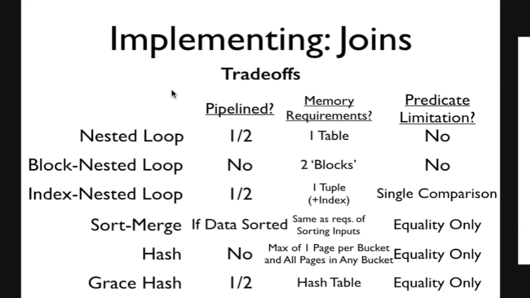You're producing every single tuple in the cross product and testing it one by one. Doesn't matter what test that is, you're going to be able to implement it. For index nested loop, it depends on what kind of predicate you are allowed to use, which depends on what kind of indexes you have built. If you have an index that can answer a specific predicate, like a tree index, and you're trying to find a range, then index nested loop will work. And the others will only work for equality predicates or equijoins.